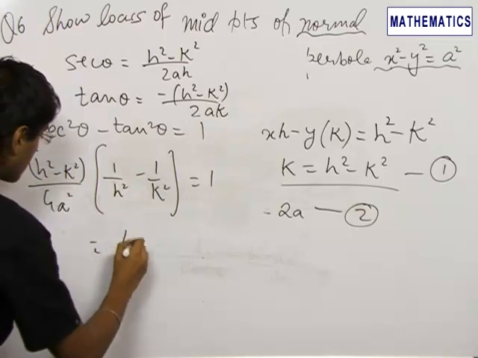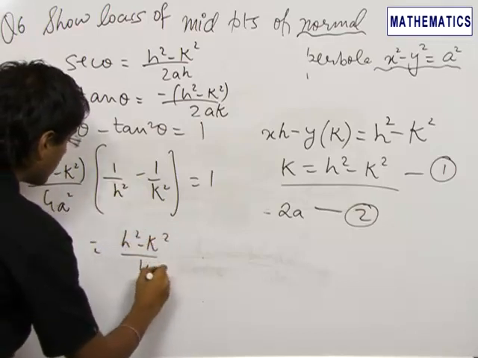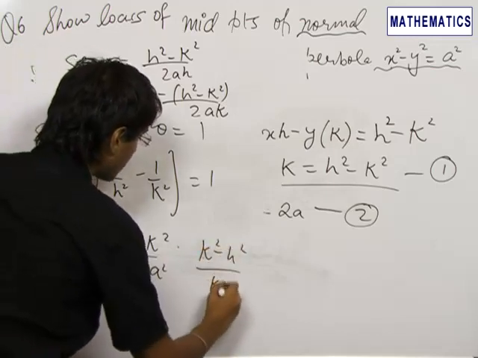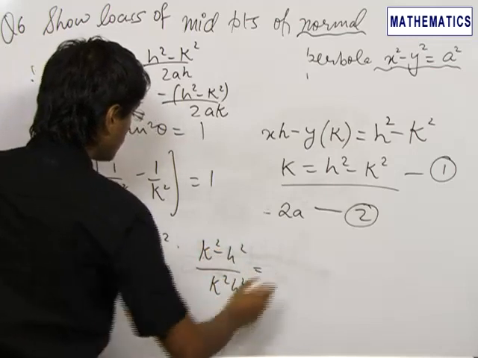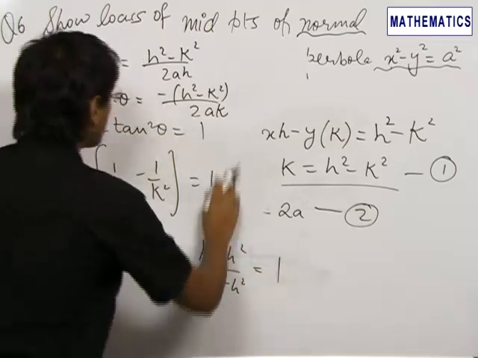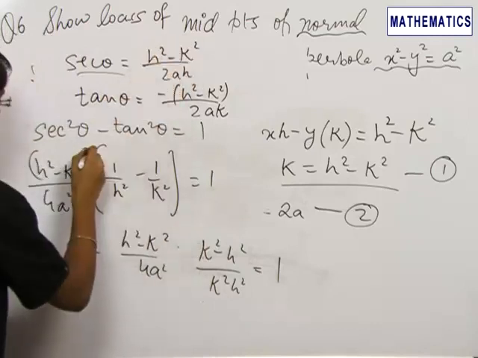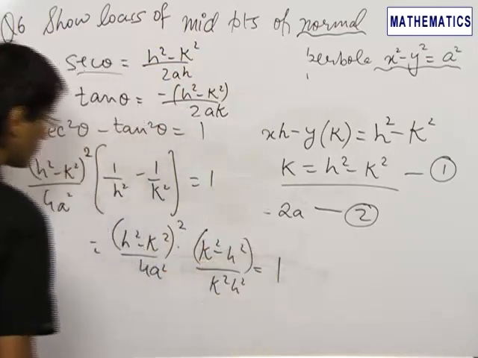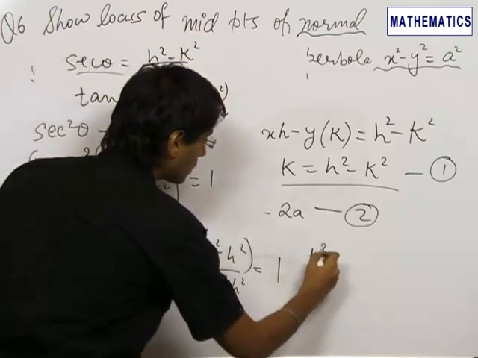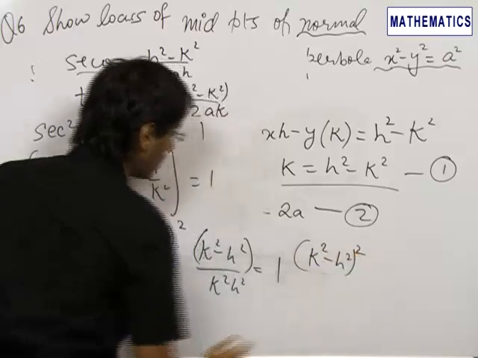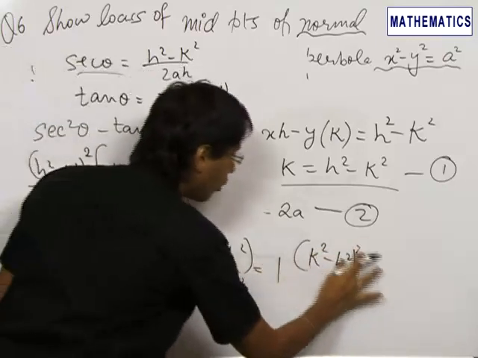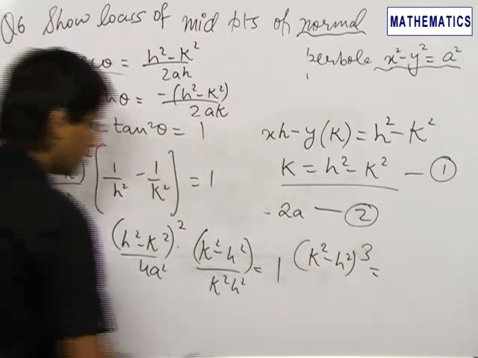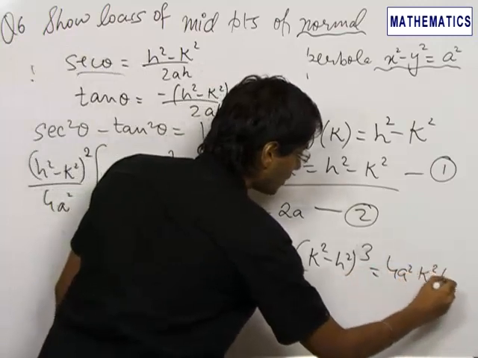So this becomes h square minus k square whole square upon 4a square into k square minus h square upon k square h square is equal to 1. So this becomes k square minus h square whole cube is equal to 4a square k square h square.